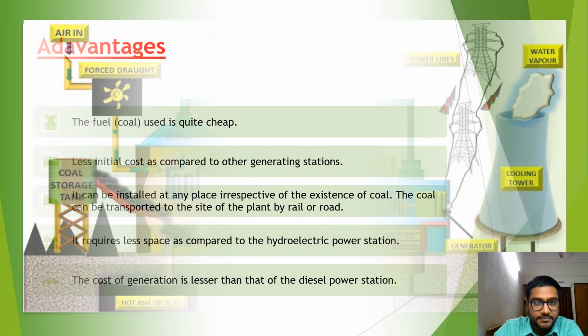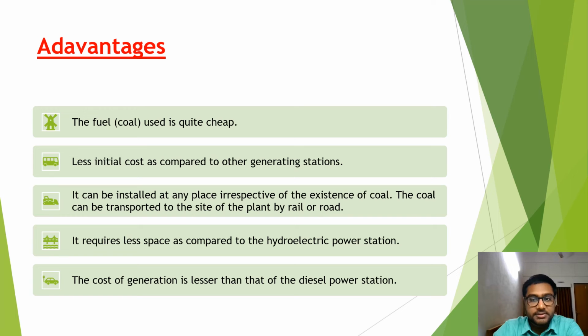Okay, now what are the advantages of a thermal power plant? The fuel used here is coal, which is quite cheap compared to other types of power plants. The initial cost is less compared to other generating stations.